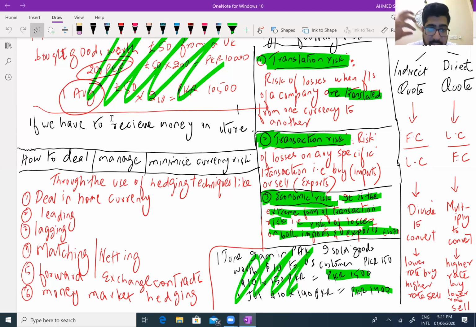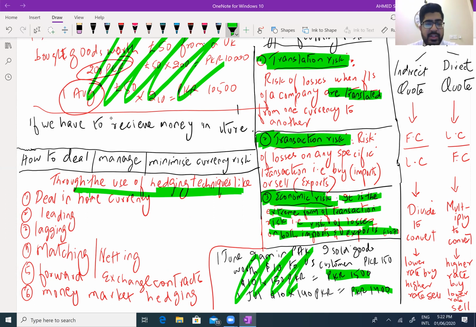You need to manage, minimize, or deal with currency risk. Now, how? Currency risk is dealt with, managed, or minimized through the use of hedging techniques. There are some techniques through which you manage, minimize, or deal with currency risk. Such techniques are called hedging techniques.